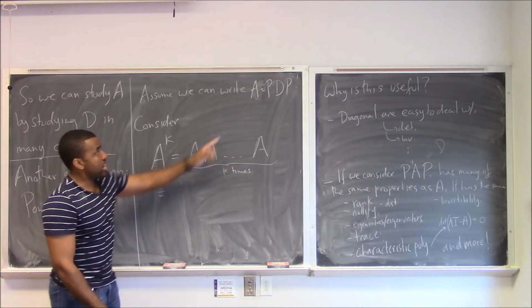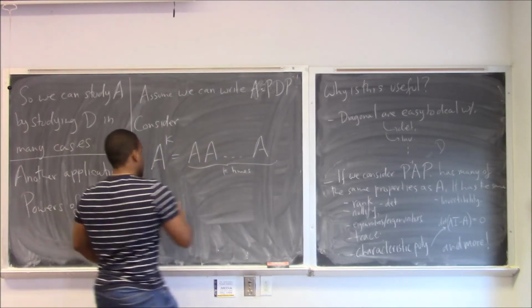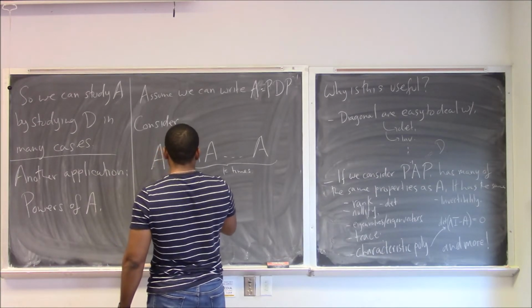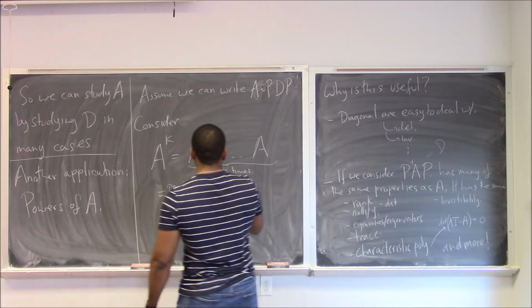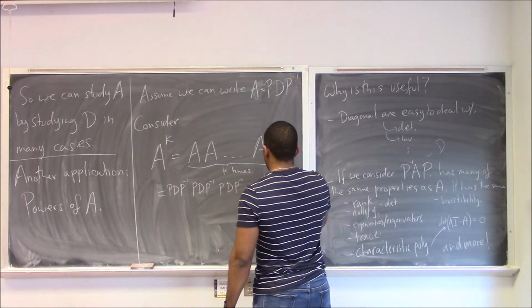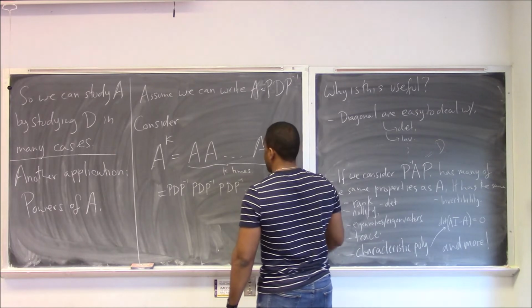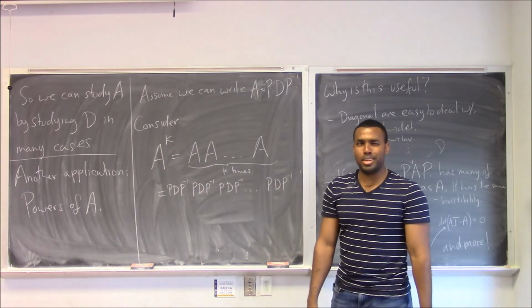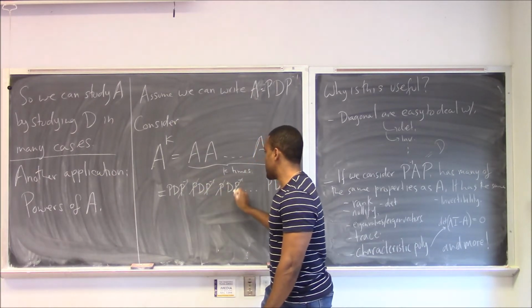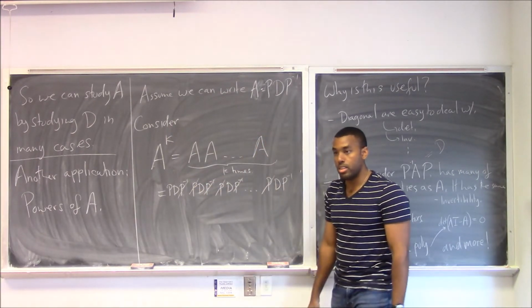Now assuming I can write A as that, what will happen? This is P times D, P inverse, times P times D, P inverse, times P times D, P inverse, times P times D, P inverse. You see something happening? All these intermediate P's will cancel out because I'm multiplying them by their inverses.